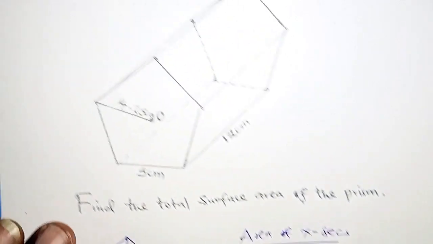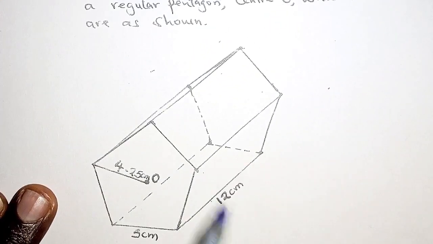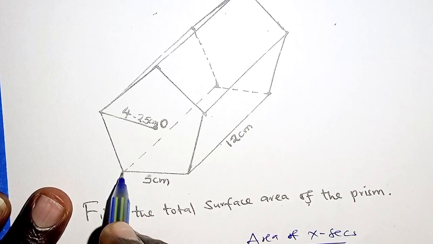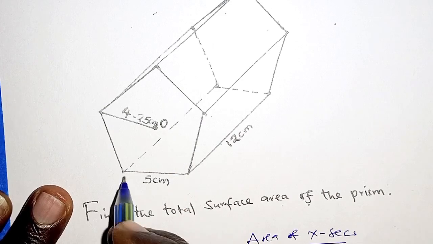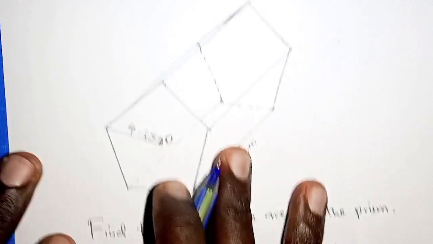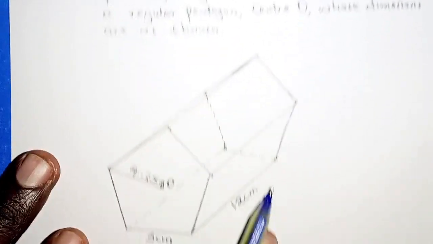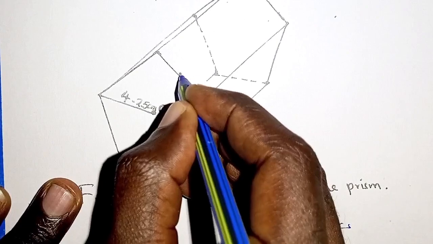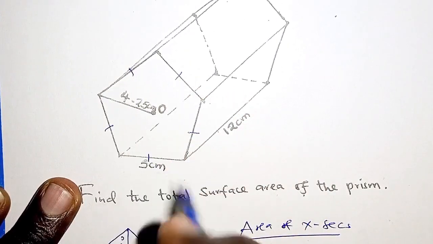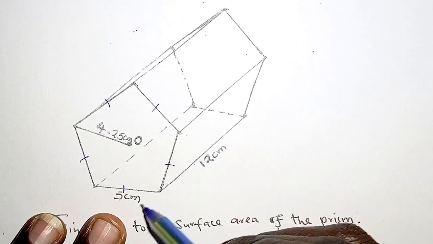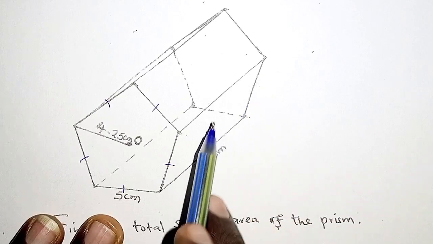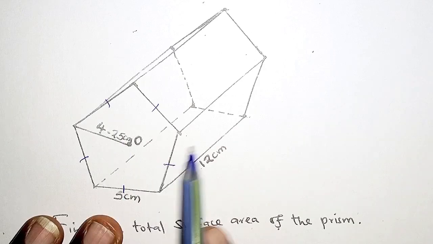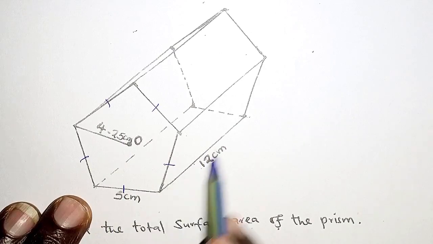Remember, we have these other faces. There are 5 in number, and remember, we are told that each side of the pentagon here, that is of the cross section, is 5 centimeters, and we are told that it's a regular pentagon. Being a regular pentagon, that means all these sides are 5 centimeters. So that means that if this is 5 and the length of the prism is 12 centimeters, then all these other faces have the same area as the area of this side.